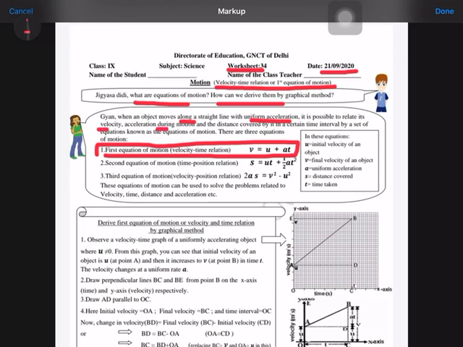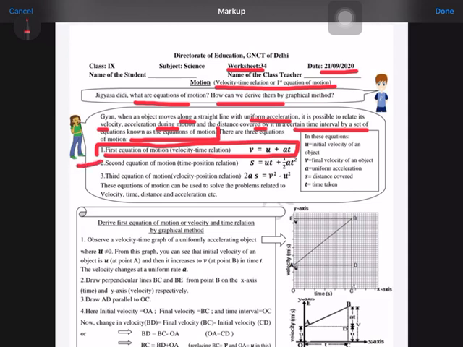So acceleration during motion and the distance covered by it in a certain time interval, by a set of equations, is known as equations of motion.